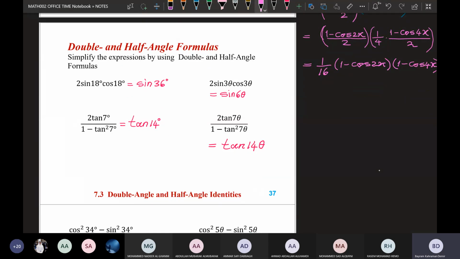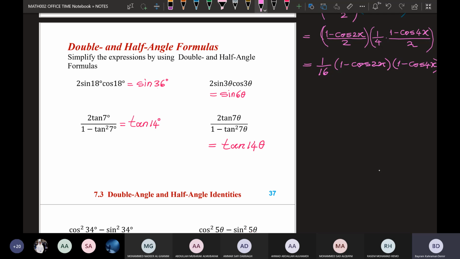So we have 2 sine theta cosine theta, right, Shabab? What was that formula? 2 sine theta cosine theta is equal to sine of 2 theta. So 2 times 18 is sine of 36. This is to make sure that you remember the formulas.